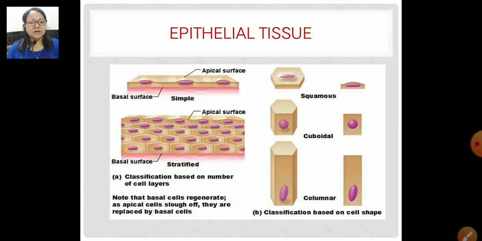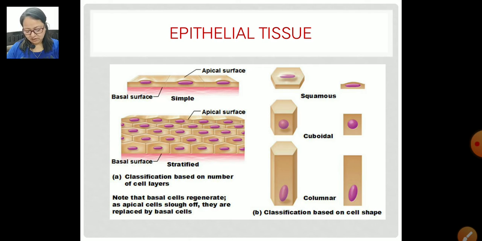So these are the positions where you can find these epithelial tissues and the specific roles played by them. Sometimes epithelial tissue becomes folded and secretes substances. At that time it is called glandular epithelium. So epithelial tissue is protective in nature.